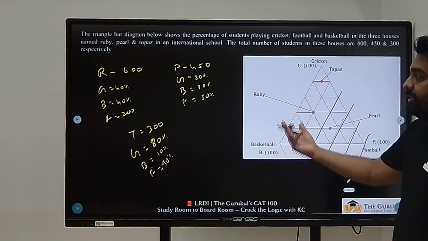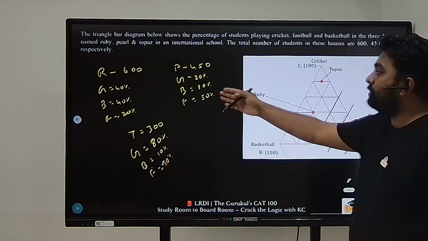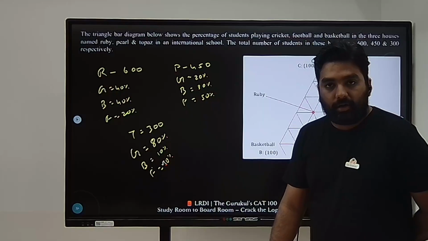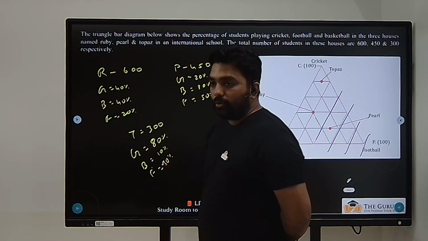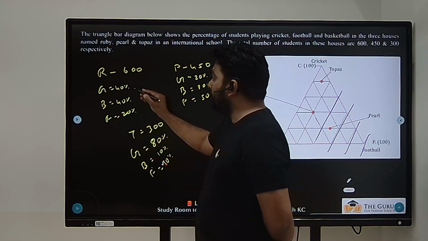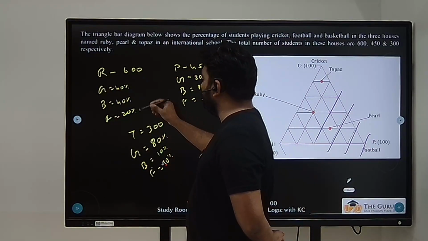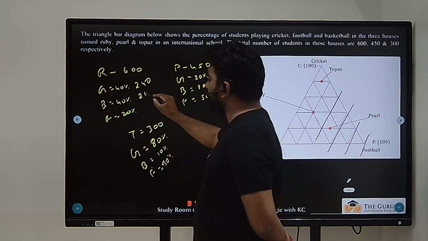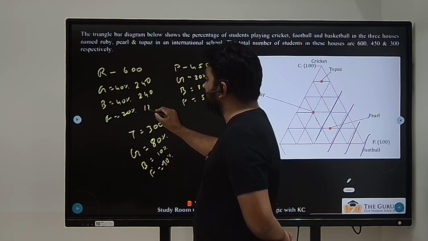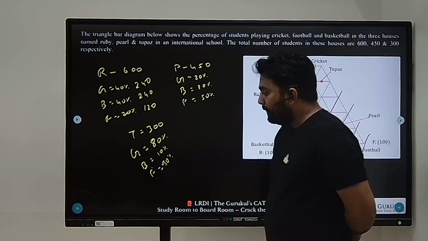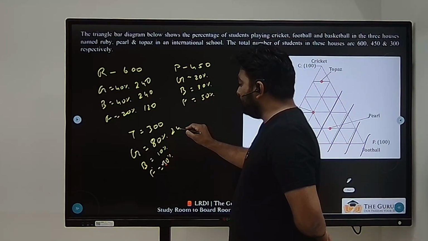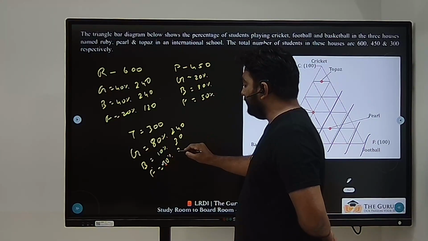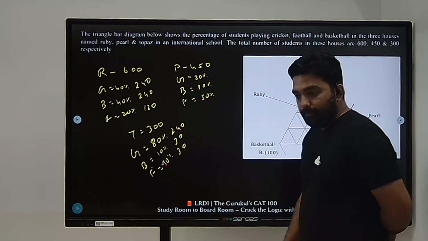Now these percentages are out of what value? Out of 600, 450 and 300. If I'm talking about 600, 40% out of 600, which will be equal to 240. And 40% out of 600, 240, 20%, 120. Next, 80% out of 300, which is 240, 10%, 30, 10%, 30.